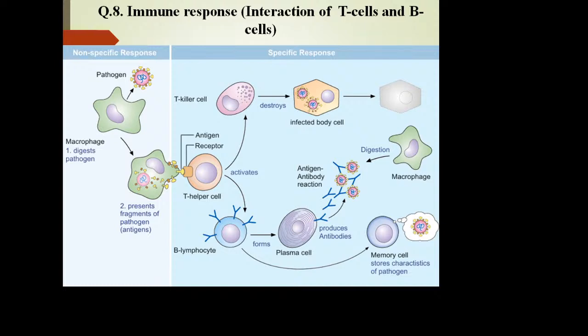And when the same antigen, the same bacteria or virus, enters the human organism once more, memory cells are activated, and they produce B cells, plasma cells and antibodies very, very fast. So the time of immune response is shorter in secondary response than in primary response.